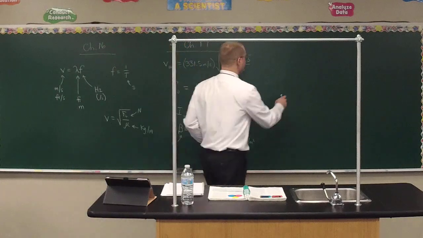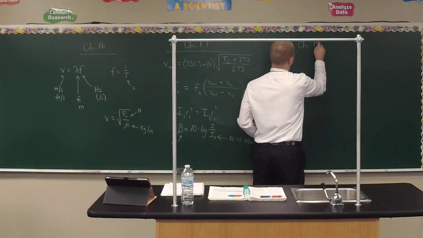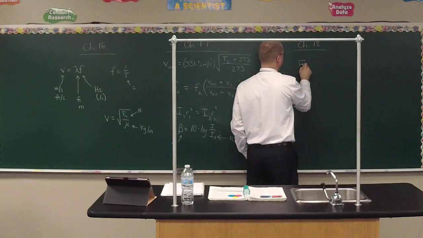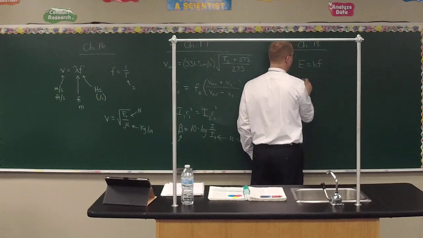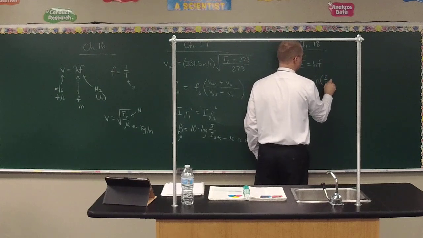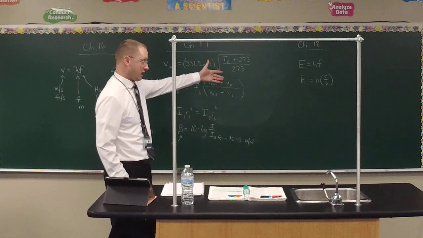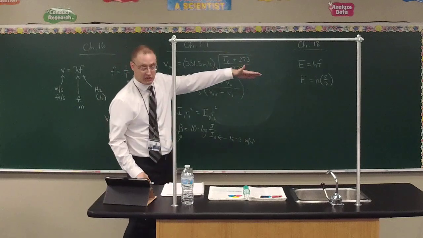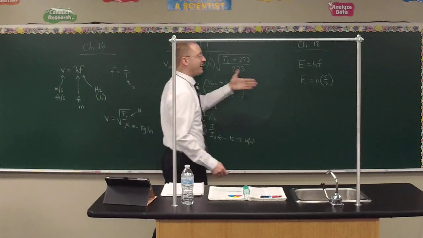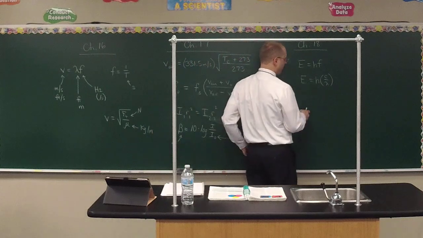All right, then chapter 18, already looked at it earlier this hour, but there's really only the two equations for energy, E equals HF and E equals H times C over lambda. Now, of course, if given the energy, finding frequency, or if given the energy, finding lambda, the wavelength.